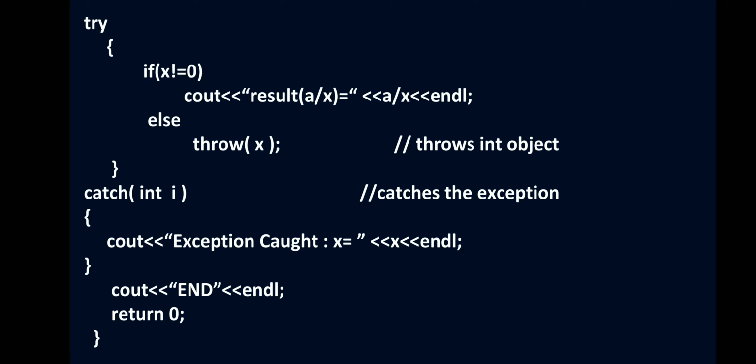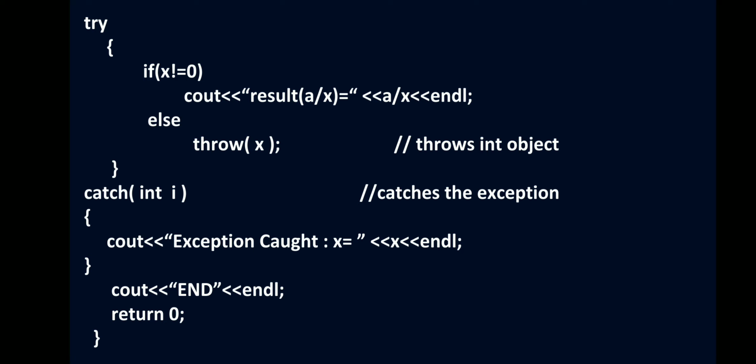Here I am dividing A by X. If X is not equal to 0, then I will print the result. If the denominator, that is X, is equal to 0, then I am throwing an exception. That exception is caught by the catch block, which is immediately after the try block.